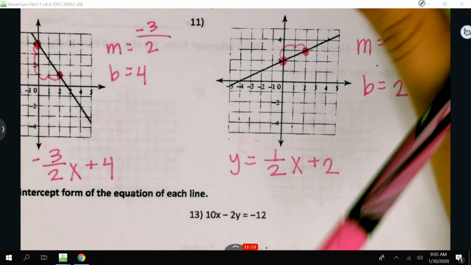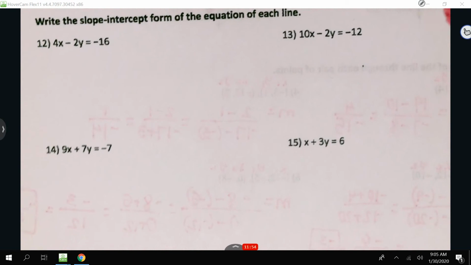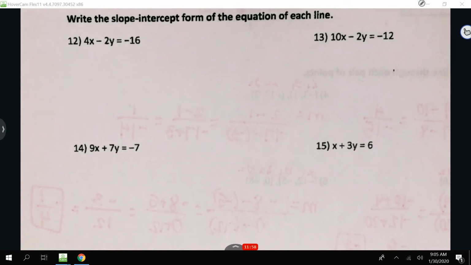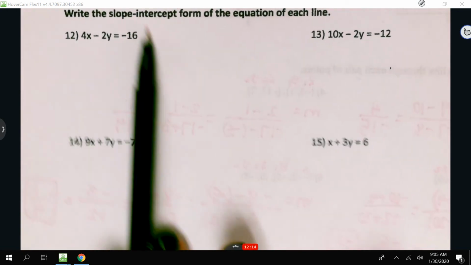All right, 12 through 15, you are given equations in, what form is that again? Do you remember the name of that? Starts with an S? That's not slope-intercept form. Standard form. Remember that? This is given to me in standard form.